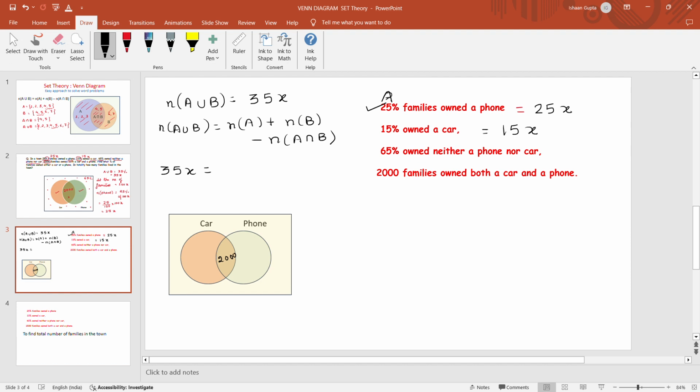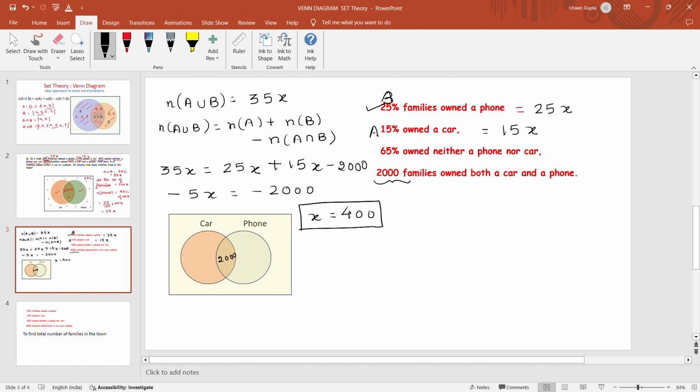So set A means 25x, so it will be 25x plus 15x minus the common part, 2000, because they are owning both. When we calculate this, it comes to minus 5x is equal to minus 2000. So this will give me the value of x as 400.